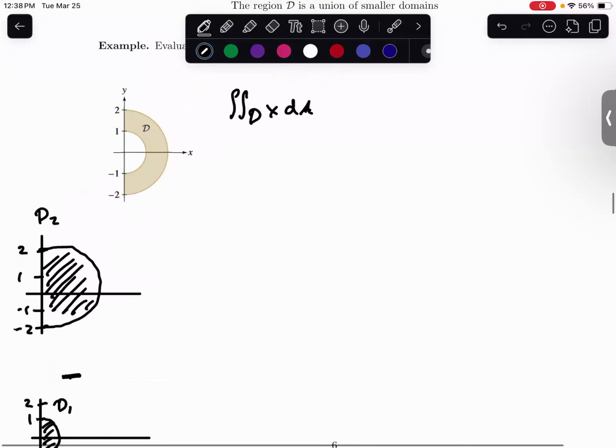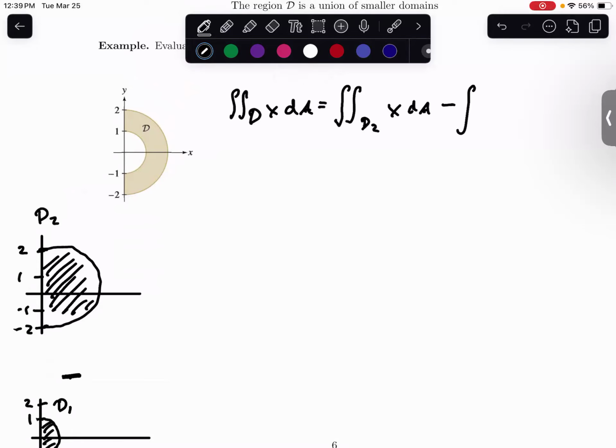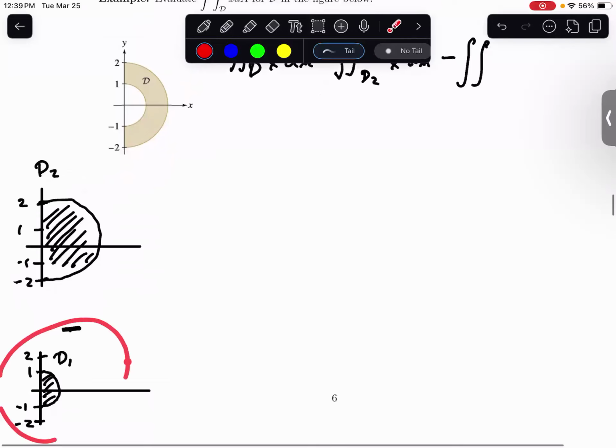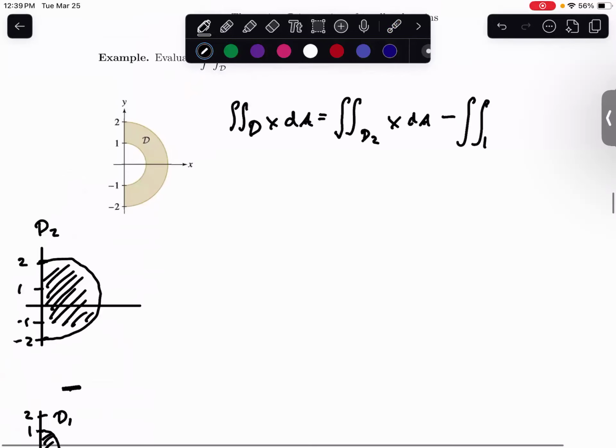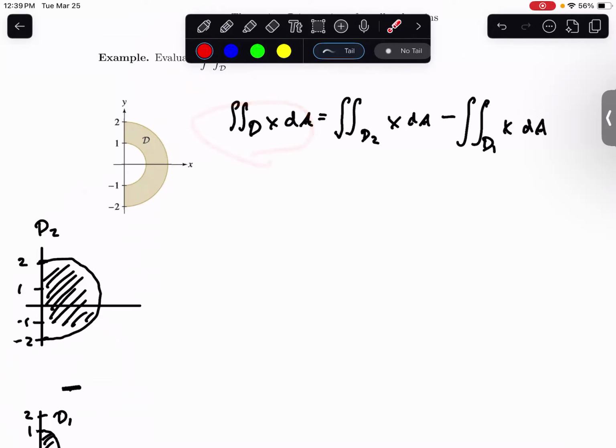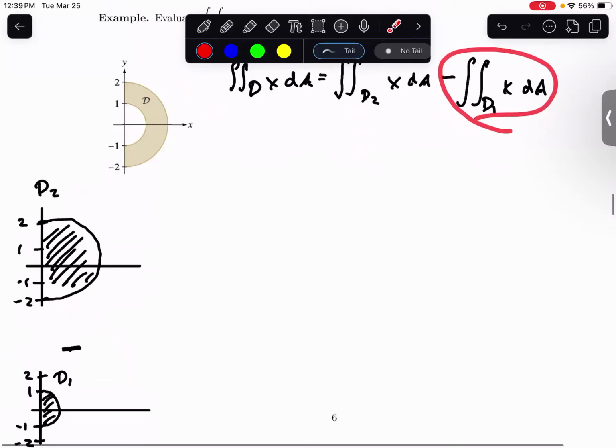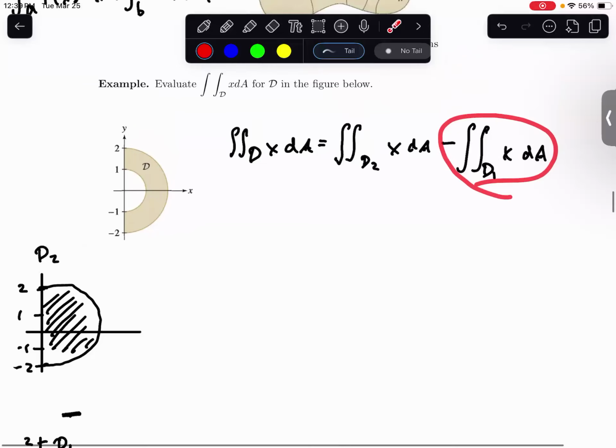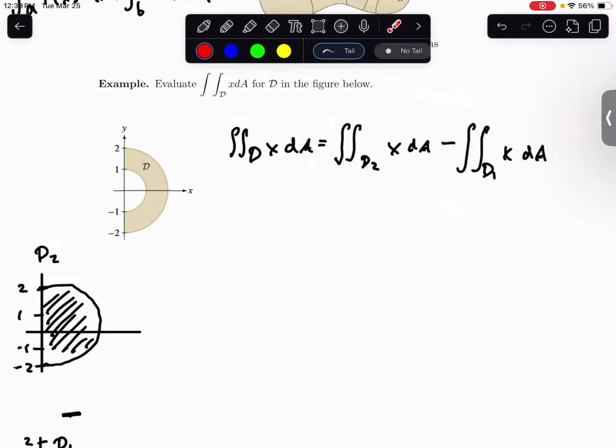This is really equal to the double integral over D2 of x dA, subtracted by the integral over what we're carving out, this D1, of x dA. We don't know how to compute this directly, but we can compute these, because each is horizontally simple. So we want to compute these two integrals and then find the difference between the two, and that will give us the answer.